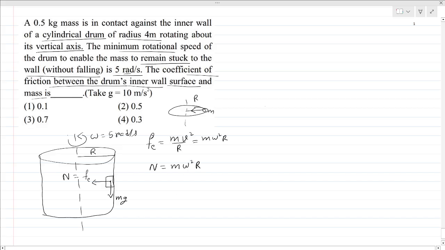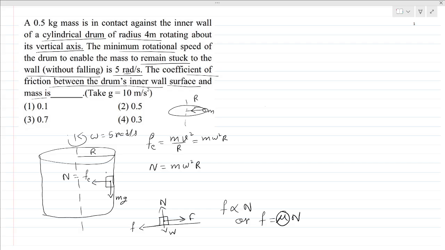Now if I want to consider the friction case, with a similar thing that we know from our book: weight W, normal reaction N. If a force F is applied along this direction, due to this the object starts moving along the direction of the force, then the frictional force will be in the opposite direction. So according to the friction law, friction force F is proportional to normal reaction N, or we can write F equals mu N, where mu is the coefficient of friction.